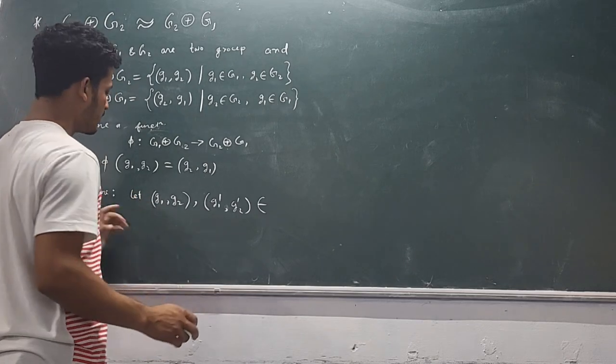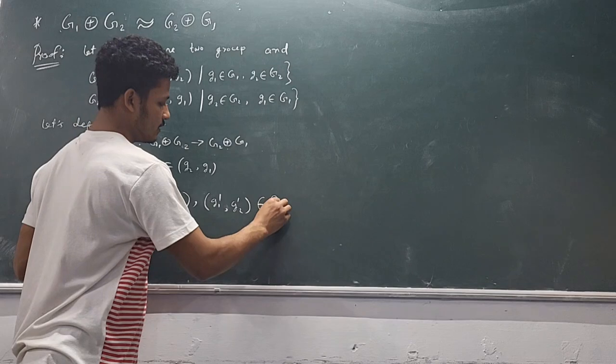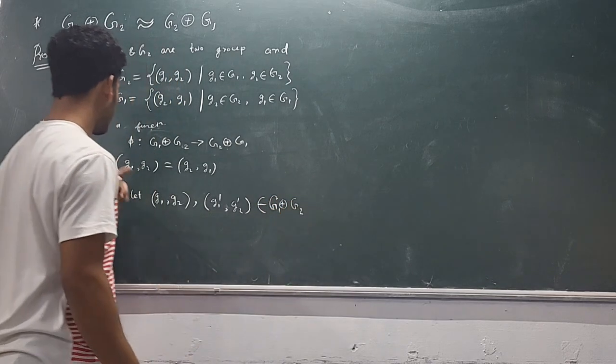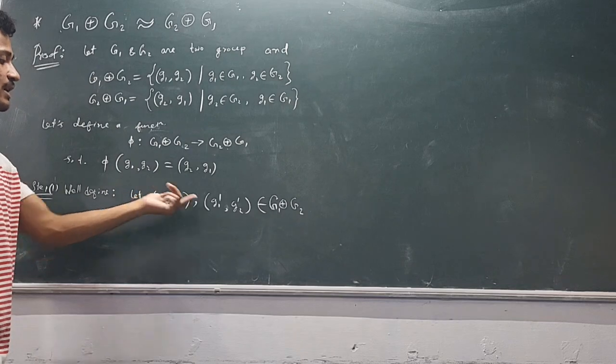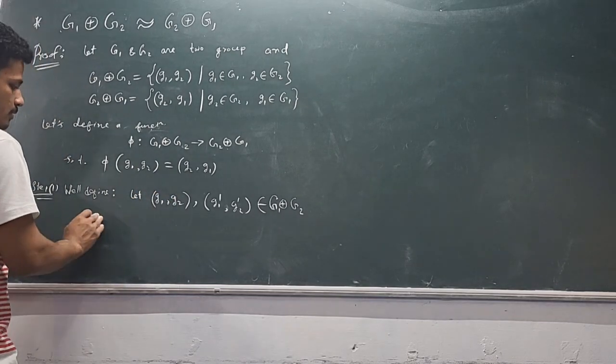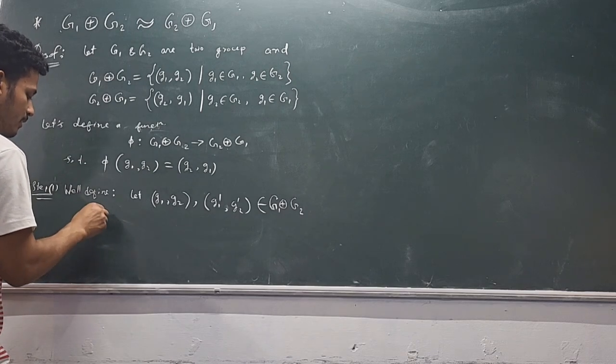Let these two elements belong to the domain G1 external direct product G2. In the domain we are taking two elements, and suppose that these two elements are equal.